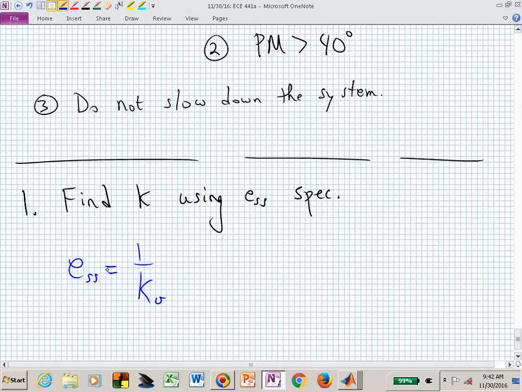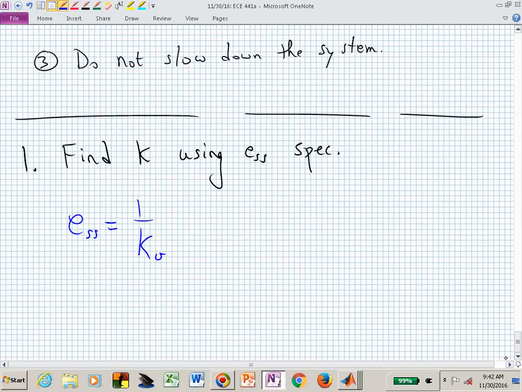And in fact, the steady state error is related to the velocity gain constant by e steady state is 1 over k sub v. And if you want to know where that's coming from, that's in the book, or I've also talked about it in that extra lecture, which is lecture 9.1e, where I derived that relationship.